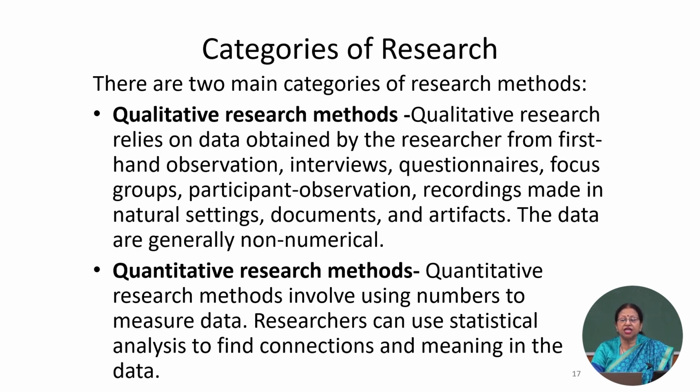Qualitative research relies on data obtained by the researcher from first-hand observation, interviews, questionnaires, focus groups, participant observation, recordings made in natural settings, documents, artifacts. The data are generally non-numerical. So as the name suggests, these are very qualitative in nature.